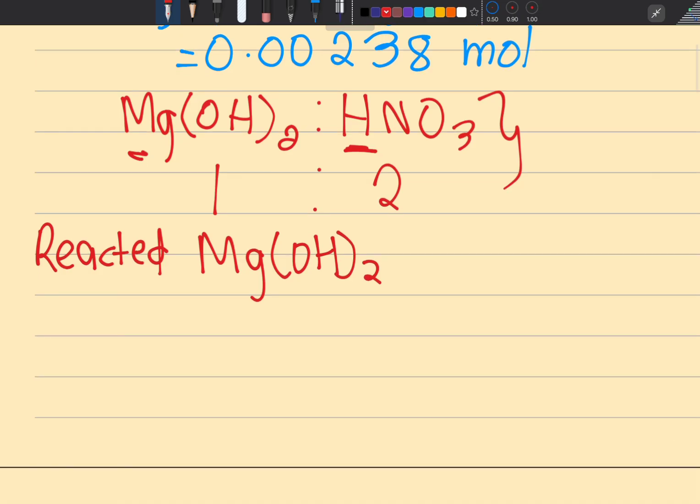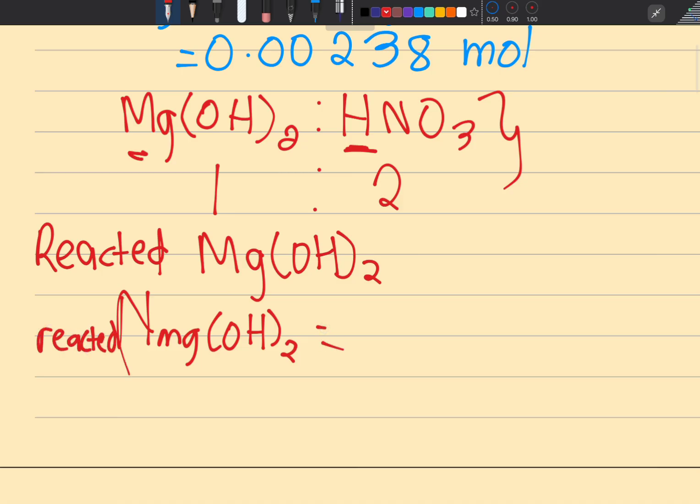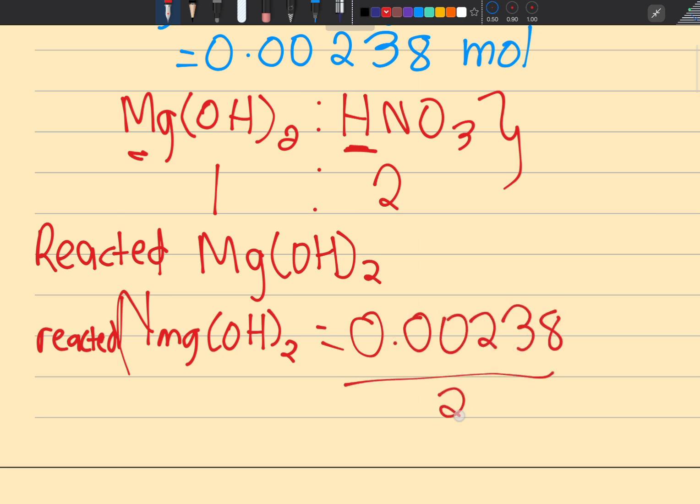So since this is 1 is to 2, the number of moles of Mg(OH)2, and remember this is the reacted moles, is going to be 0.00238 divided by 2.